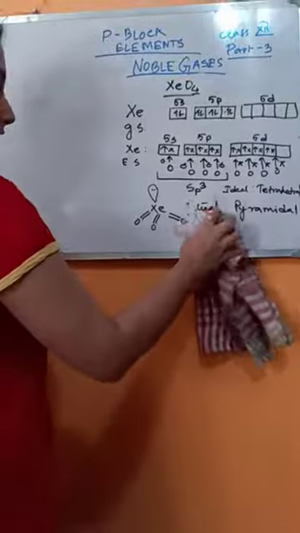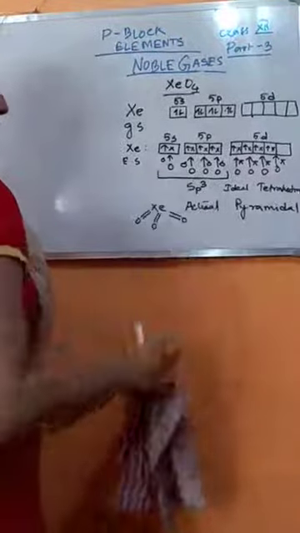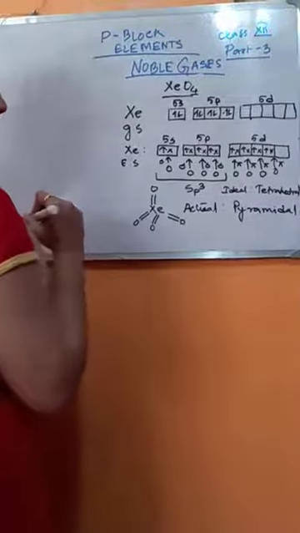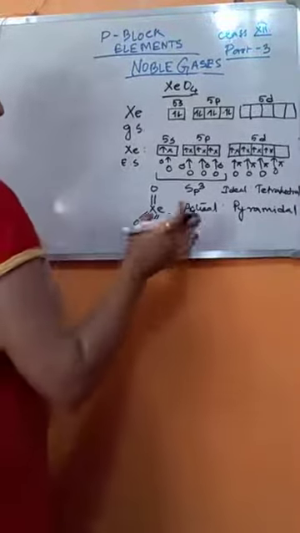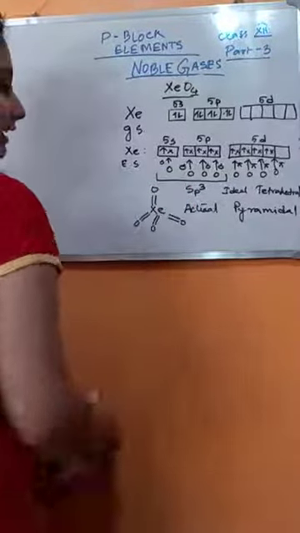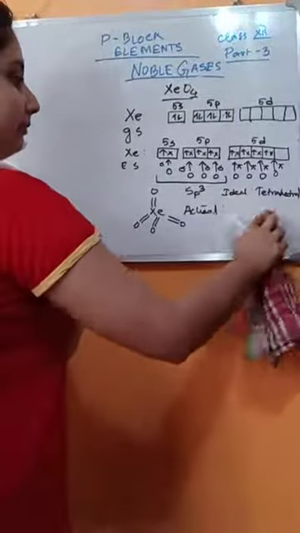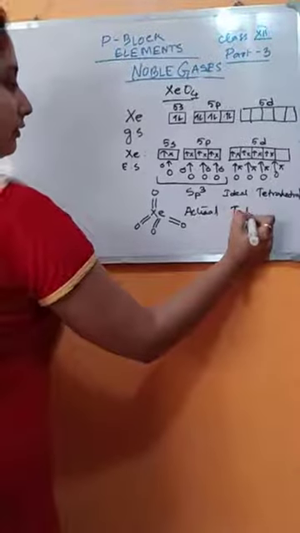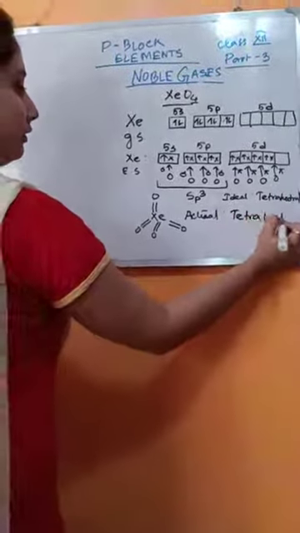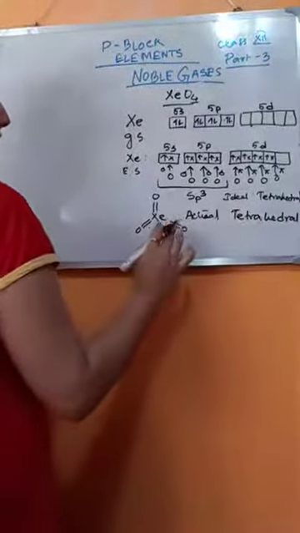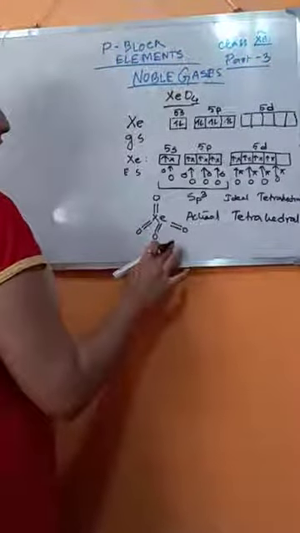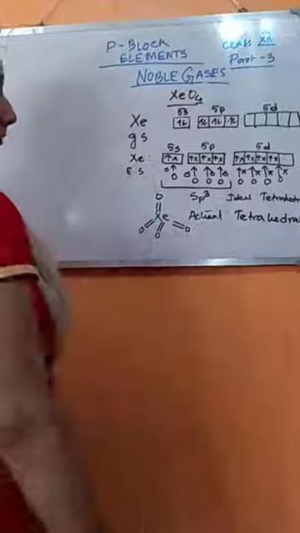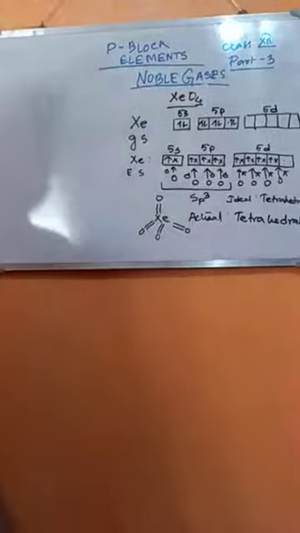But look at this molecule, look at the structure. It does not have any lone pair of electrons. So the actual structure and the ideal structure will be the same. The geometry of xenon tetroxide, ideal as well as actual, is tetrahedral.